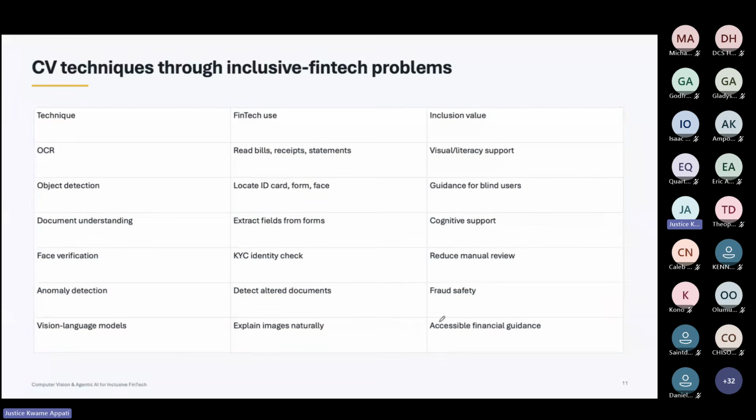So we have 3 columns here: the technique to look into, the fintech use, and the inclusion value. Indirectly, you are doing a proposition of value: what relevance would that be to your application?